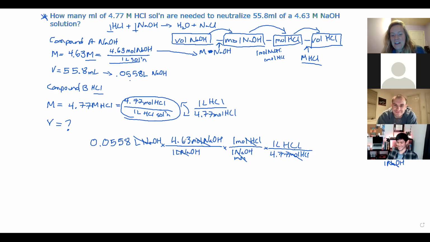So this is going to plug our information out in liters: 0.0558 times the 4.63 divided by the 4.77. And we're going to get a value of 0.054.